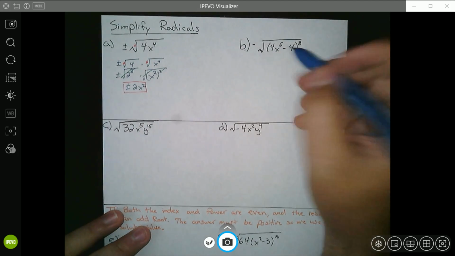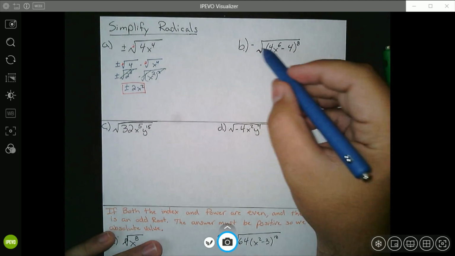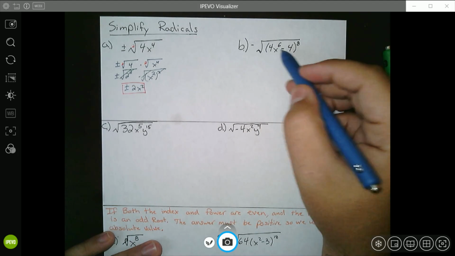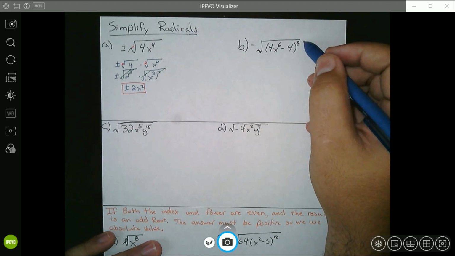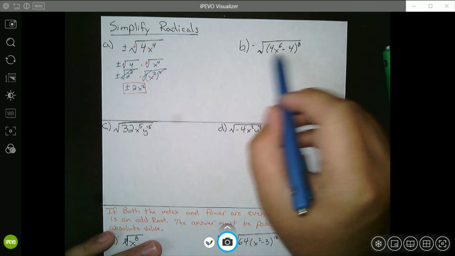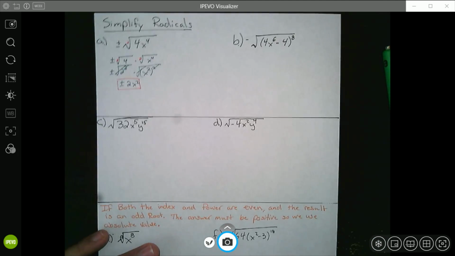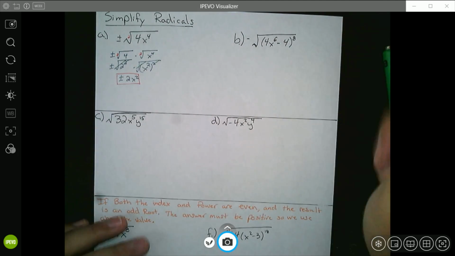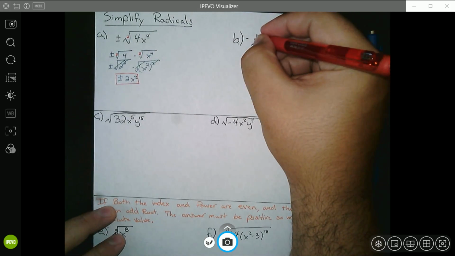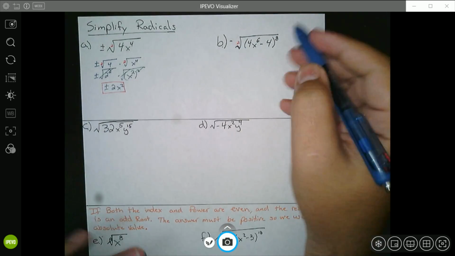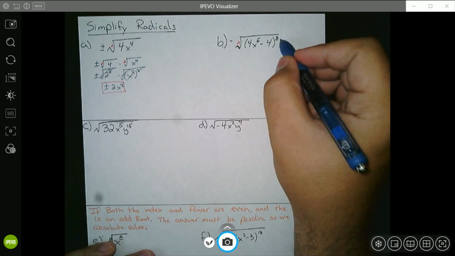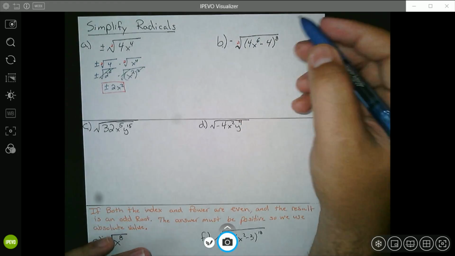The next one, B, we have the negative of the square root of (4x to the 6th minus 4) all to the eighth power. Since this is in parentheses, we cannot break it apart, so we're going to still match these terms. Since the index is 2, I want the indexes to match up, so I'm going to break down the exponent 8. I'm going to divide 8 by 2, and we get 4.